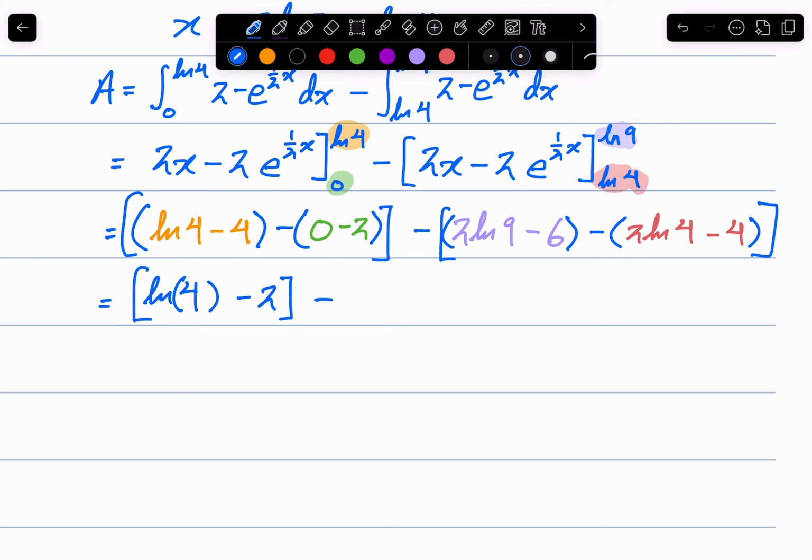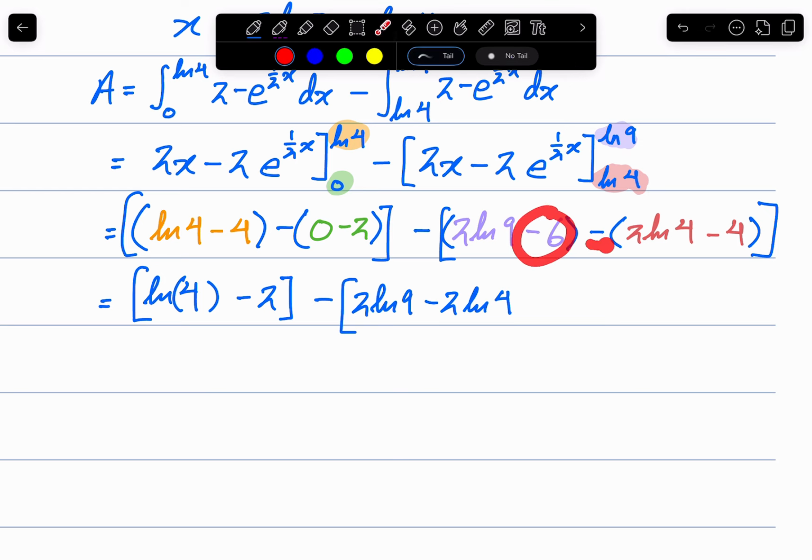minus, evaluating everything here, 2 ln9 minus 2 ln4. Well, ln9 and ln4 don't interact, so 2 ln9 minus 2 ln4. This becomes minus 6 minus minus 4. So negative 6 plus 4 is negative 2.